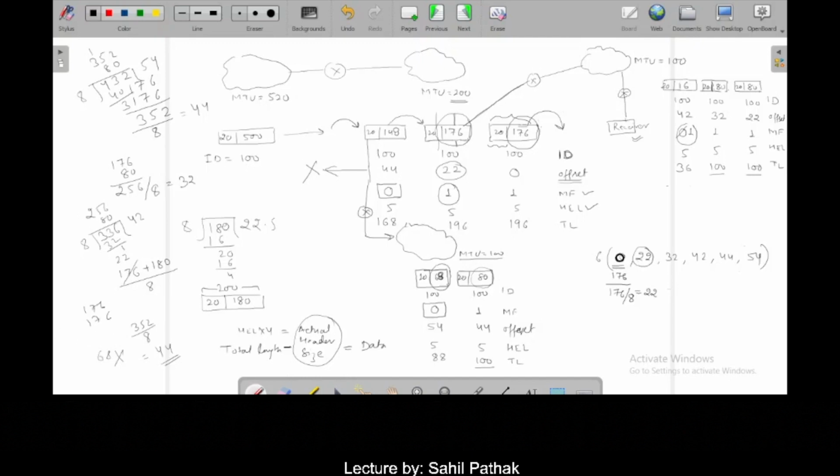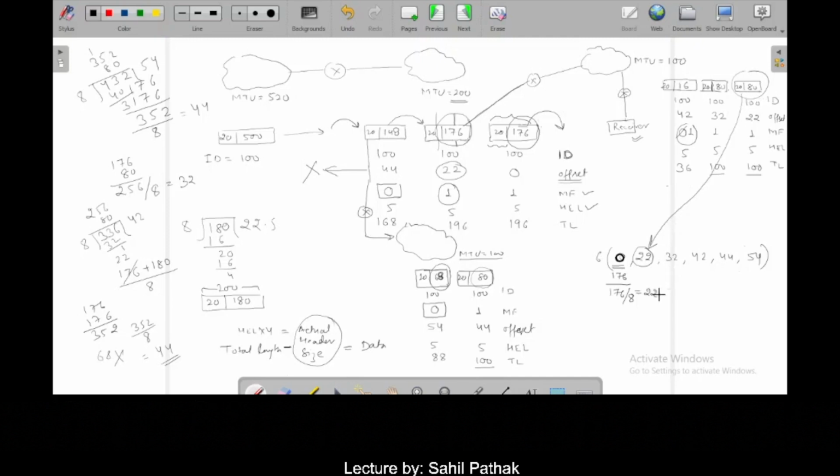176 plus 176 would be 352. Okay, sorry, I just made a mistake. So first he will receive this 0 and this 22 is for this fragment.